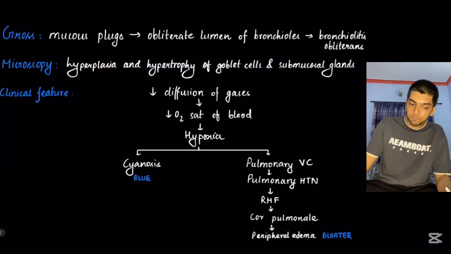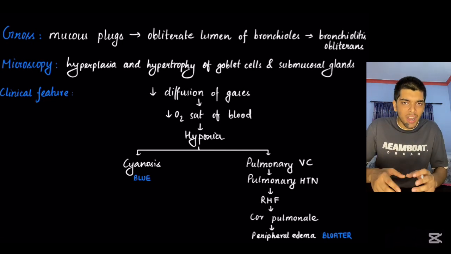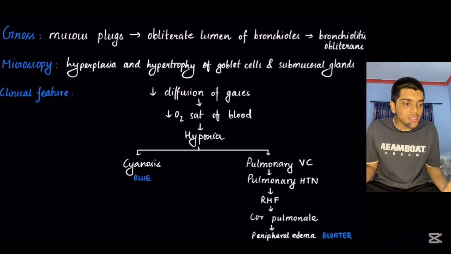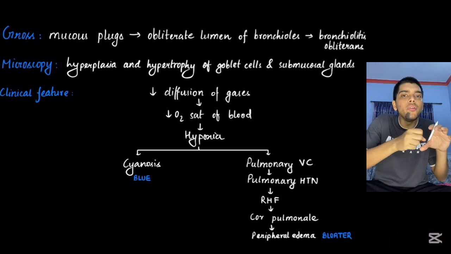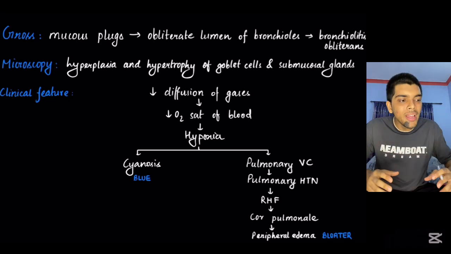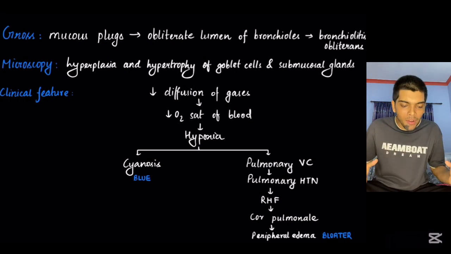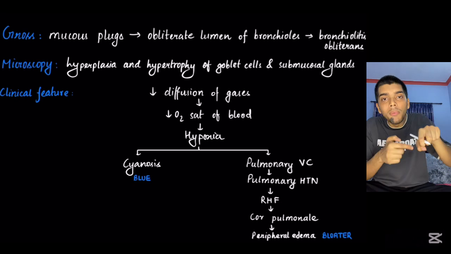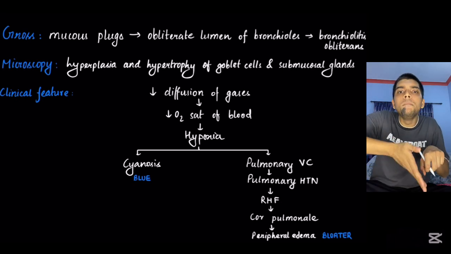All right. Gross. So grossly, since there is lots and lots of production of mucus, the small airways get blocked or filled with mucus. Sometimes due to increased production of mucus, lots of fibrosis and inflammation, the lumen gets completely covered up or completely obliterated.